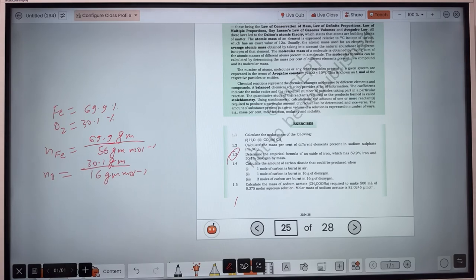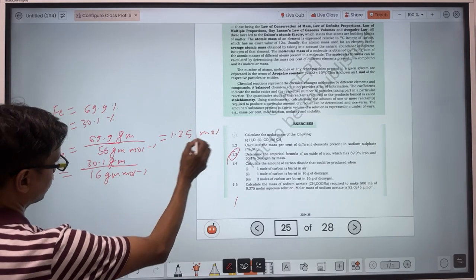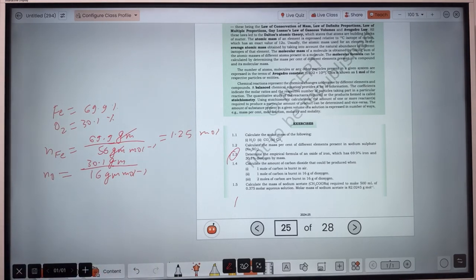Guys, any difficulty here? I hope this one is clear for you. So then after dividing, find out the number of moles of both iron and oxygen. Gram cancels out, and mole inverse is in the denominator, so when that goes to the numerator, that becomes mole.